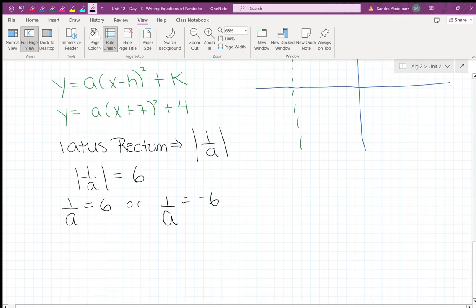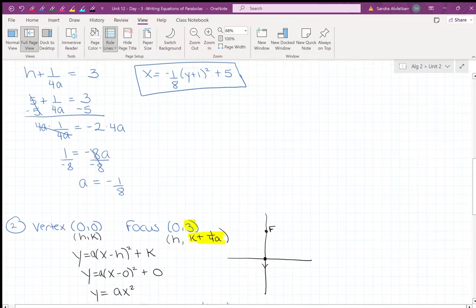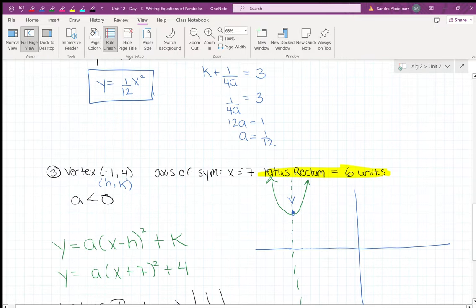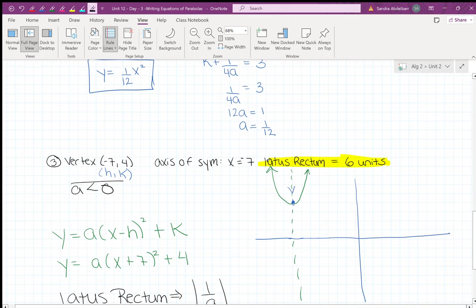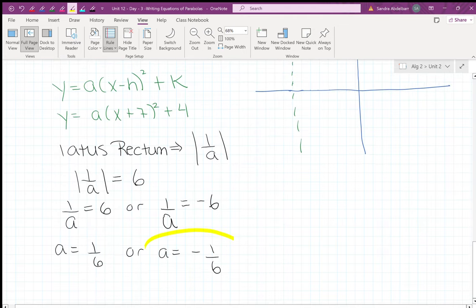So we're going to get a equals 1/6, or a equals -1/6. So Arish, you asked me, why did I tell you that a is less than 0? I told you a is less than 0 because I have 2 valid answers for a. So a is less than 0, that means a must be -1/6.